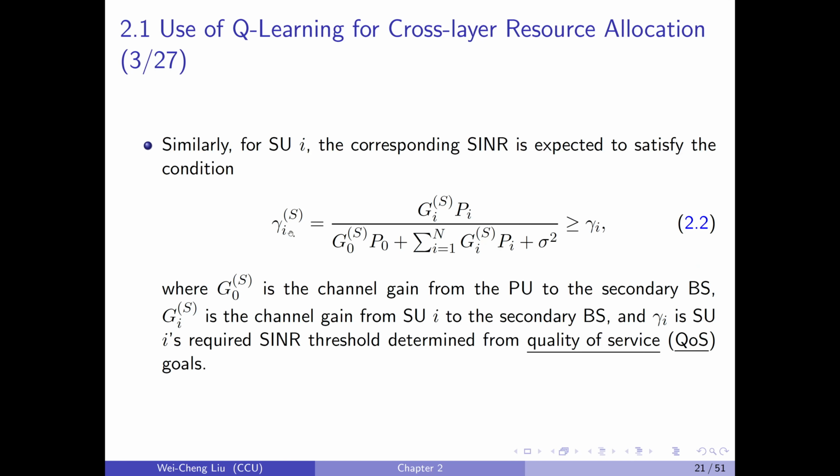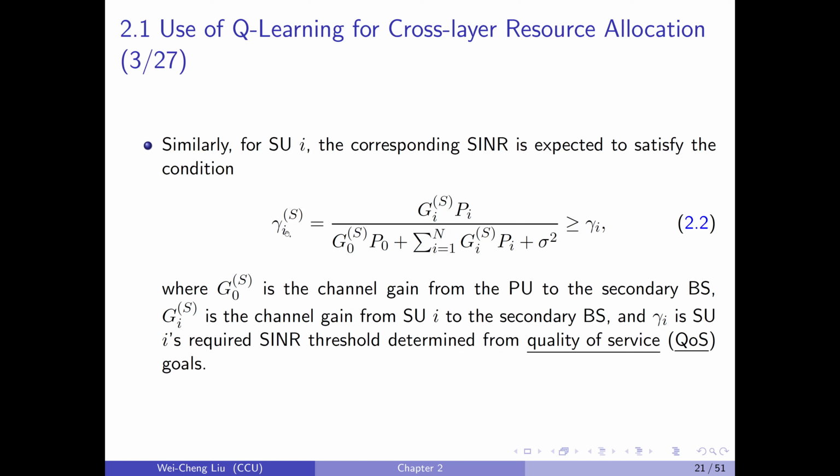Gamma_i^s, here there is no t, is the SINR for secondary user i. So we can know that gamma_i^t,s is the SINR for secondary user i at time instance t.